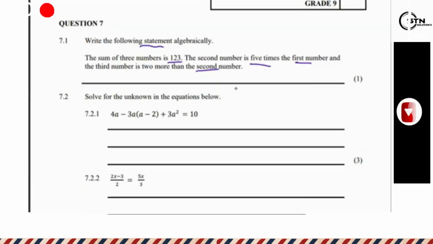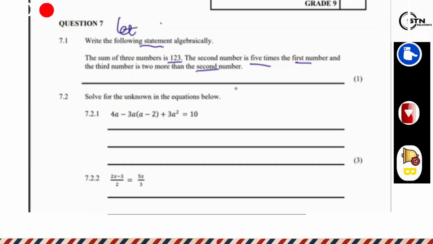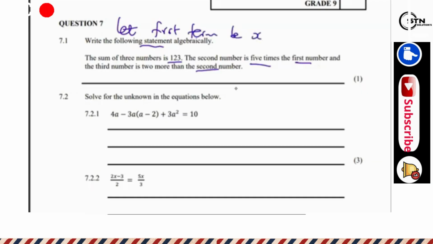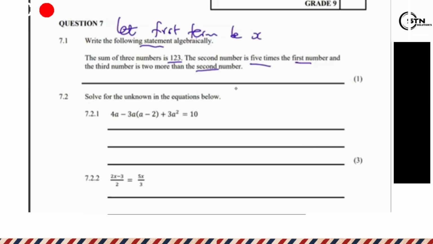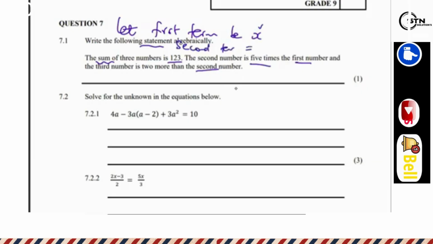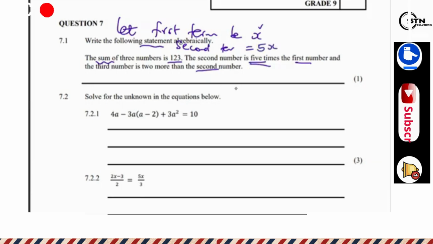is if I let the first term be x, I'm assuming the first term is the smallest, okay? They say the sum of three numbers. So first term is x. Now what is our second term? They told us that the second term is 5 times the first one, which is 5x.